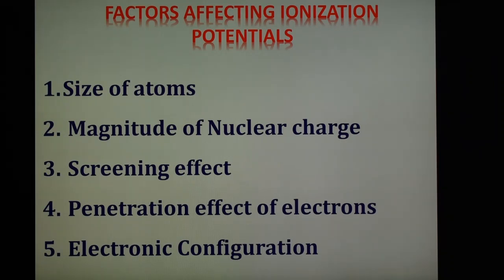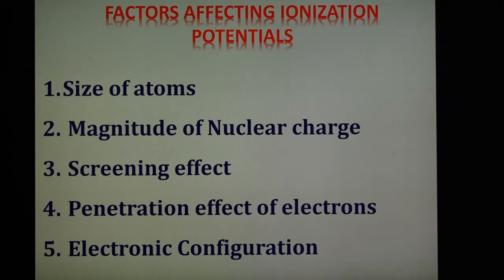The combined effect of these two forces is that the attractive force exerted by the nucleus on the valence electron is partially decreased and weakened by the presence of the repulsive force exerted by the inner electrons. Therefore, electrons in the valence shell experience less attractive pull from the nucleus, and therefore ionization potential value decreases. The decrease in the attractive force, which is due to the presence of inner electrons between the nucleus and the valence electron, is known as the shielding effect or screening effect.